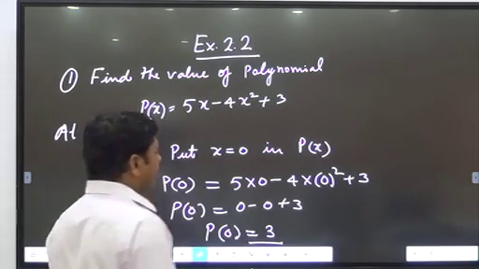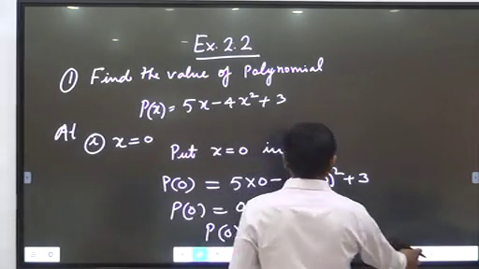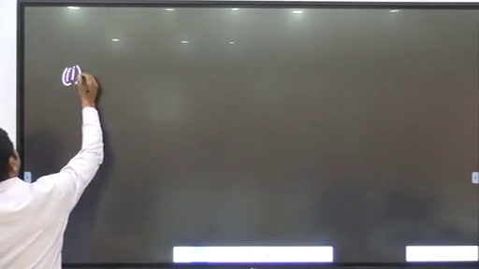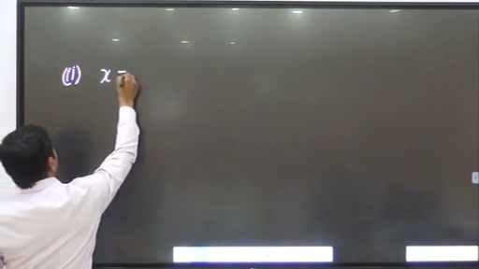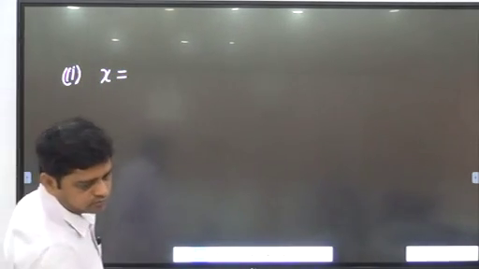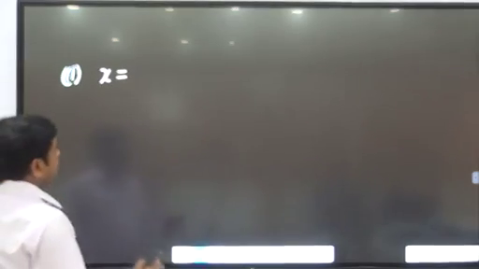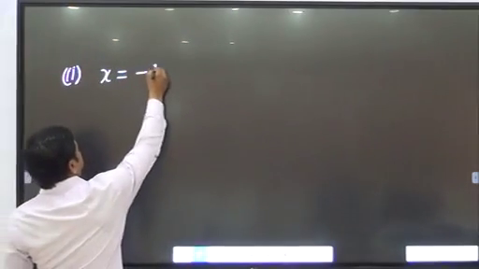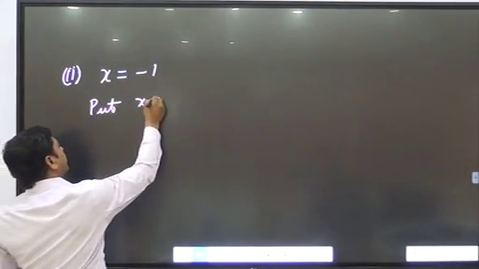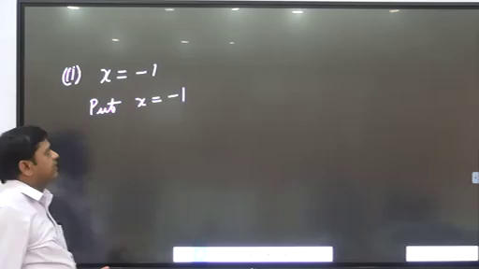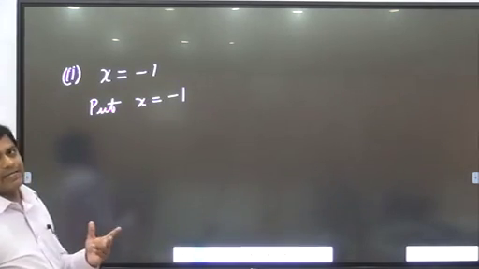Okay? The second part of the same question, x is equal to minus 1. So again put x equal to minus 1, because I am going to find the value of the polynomial at x equal to minus 1.